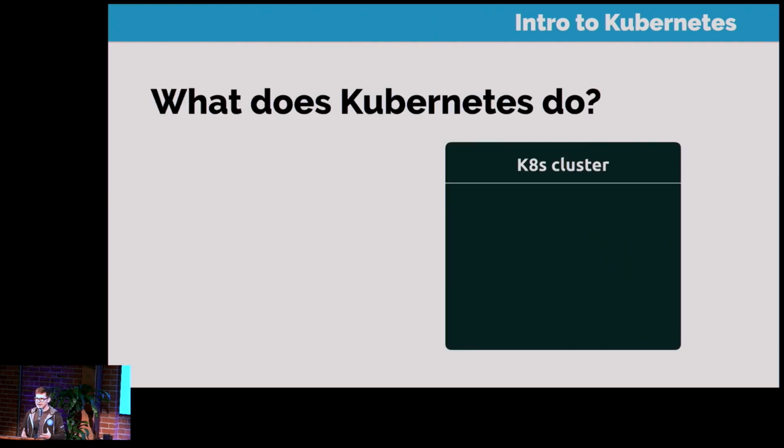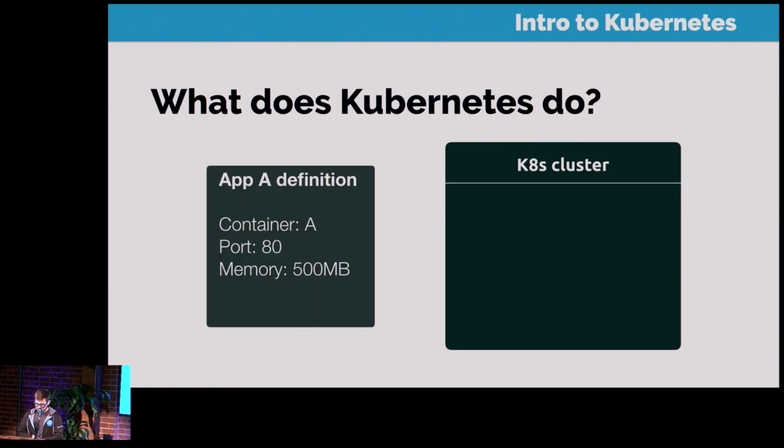So what does Kubernetes actually do? Well, the core thing of Kubernetes is a Kubernetes cluster, which is a group of machines which are all running Kubernetes. And developers will define how they want their application to be run in a YAML file. So they say, hey, I want to run this container, I want to expose this port, and I want to run it with this amount of memory.